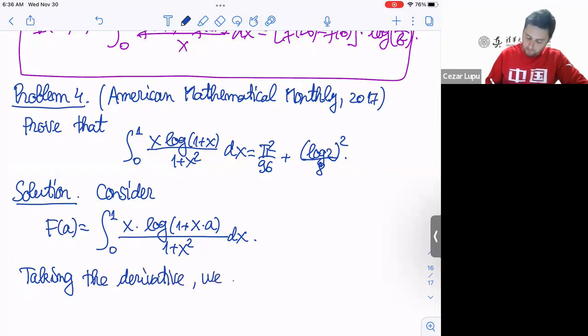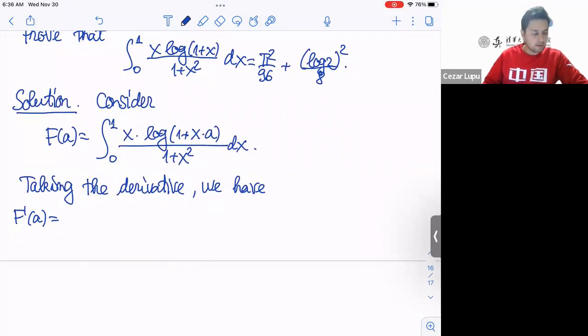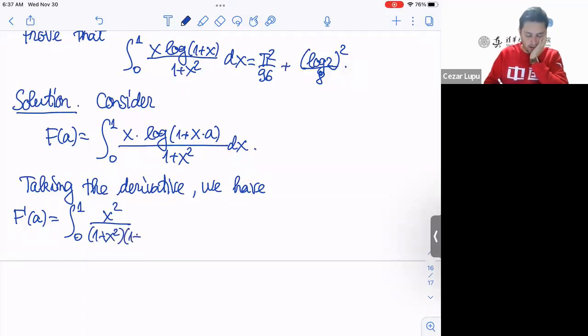So f prime of a, let's be careful here. Taking the derivative with respect to a, it will be the integral from 0 to 1 of x squared over 1 plus x squared times 1 plus xa, dx. Great.